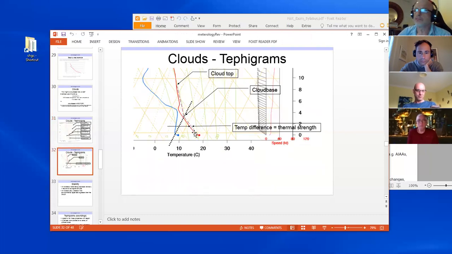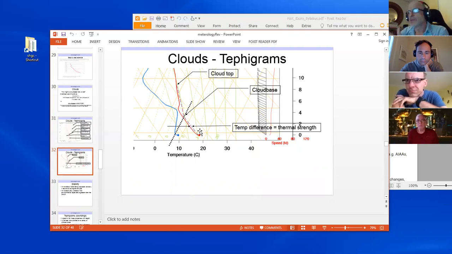Again, this is just the earlier diagram, but shown on a tephigram, and this is just a zoom in, where you've got your red line, environment temperature. The blue line is the environment dew point. This line I do need to move over at some point, but I haven't.